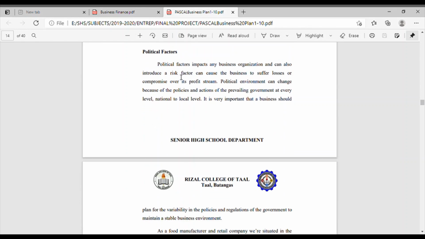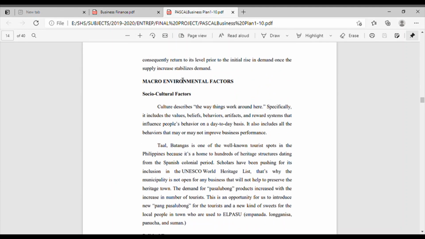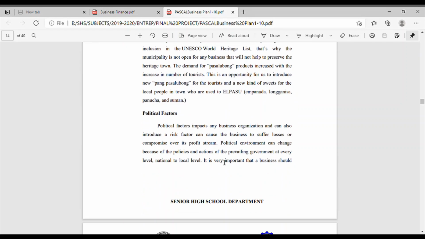Political factor. Political factor impacts any business organization and can also introduce a risk factor that can cause the business to suffer loss or compromise over its profit stream. Political environment can change because of policies and actions of the prevailing government at every level, national to local level. So, ito explanation yan. Kasi sabi ko sa kanila, dapat merong introduction about dun sa mga factor na i-discuss.